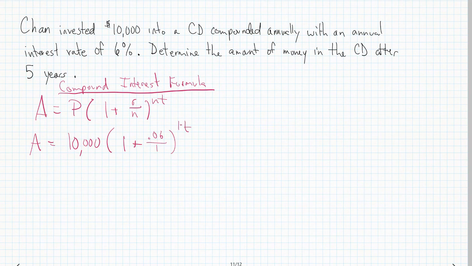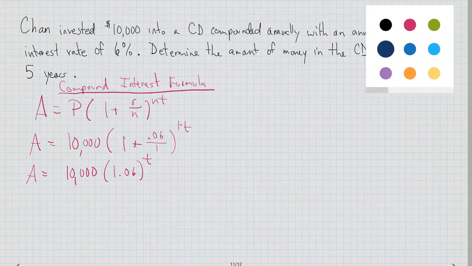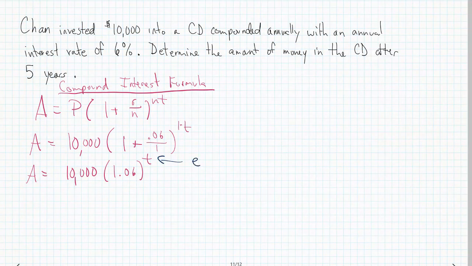And so notice this becomes A equals 10,000 times 1.06 raised to the T power. Notice that our T is up in an exponent. This is what we call exponential growth.